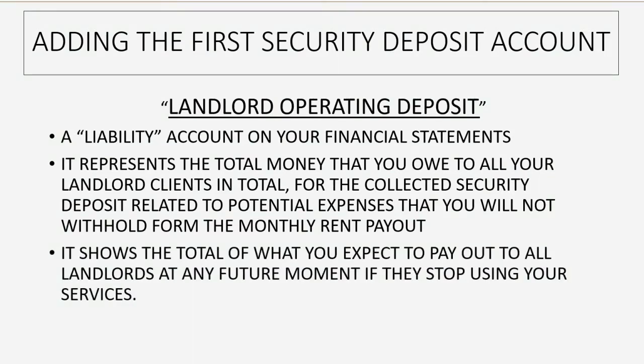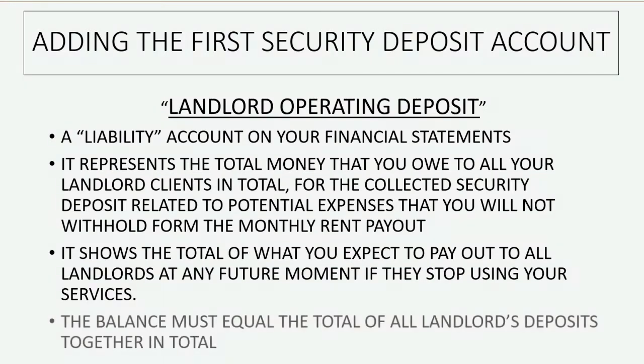It shows the total of what you expect to pay to all landlords at any future moment if they all stop suddenly using your services at once. The balance must be equal to the total of all landlords' deposits together.